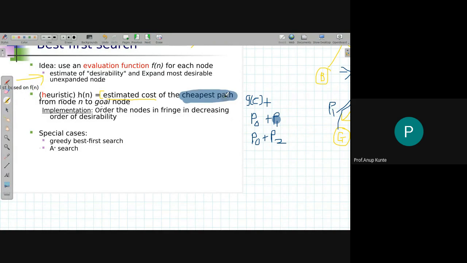So whether the problem has a single path from any node to the goal node or multiple paths, this function h of n applies in both scenarios. What I need to do is somehow estimate, the correct word is estimate, the cost of reaching the goal node from a node n. That is what the heuristic function is all about.